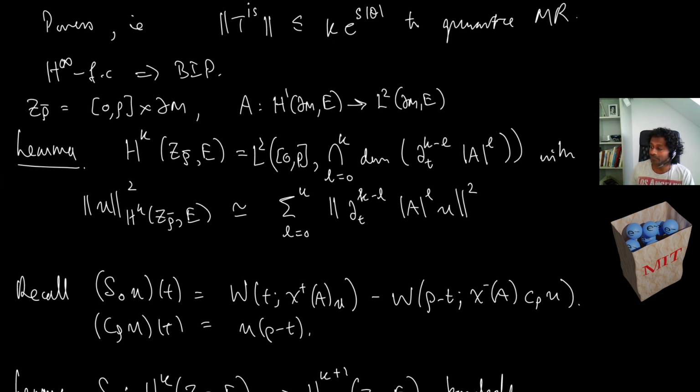So let me think about how to best write that. The problem is that when I'm writing the domain partial t, k minus l here, then I'm already on the cylinder. That's what you're saying. But then the modulus A's are not in the cylinder.